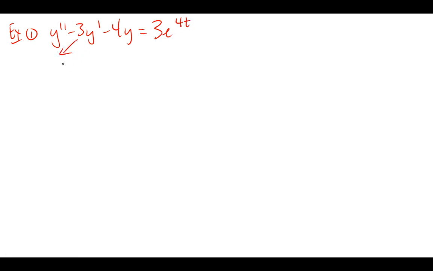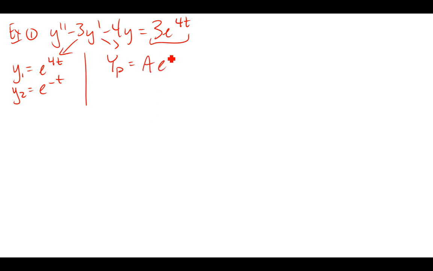Okay, maybe the last time, we already know e to the 4t and e to the negative t are my two homogeneous solutions. Okay, and now for a non-homogeneous solution, I look over here in the chart, and I say a e to the 4t, because, well, yeah.